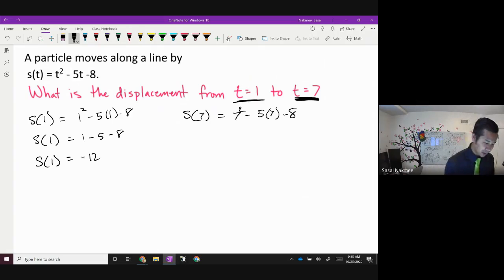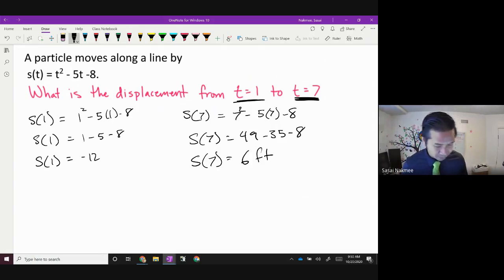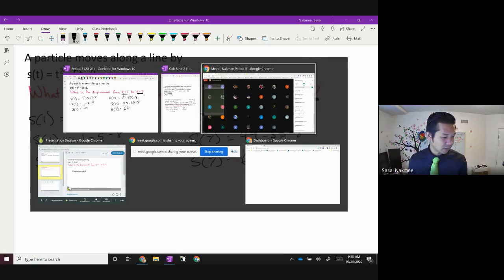S of 7 is going to give me 49 minus 35 minus 8, which tells me this particle's position after 7 seconds will be at 6 feet. So what's the displacement here? What do you think?